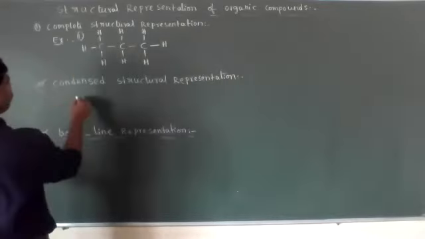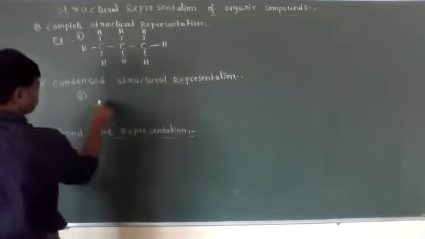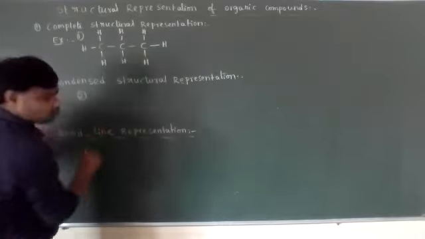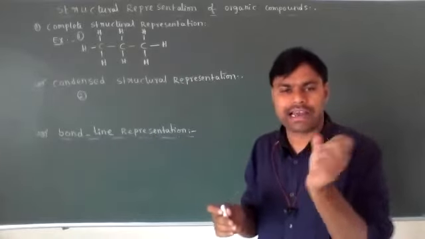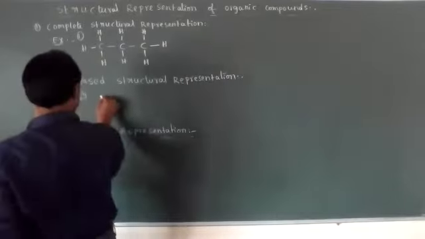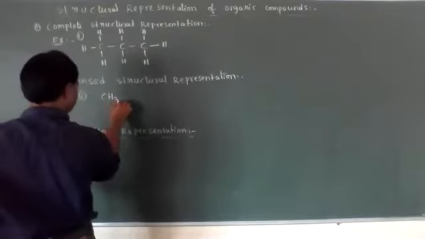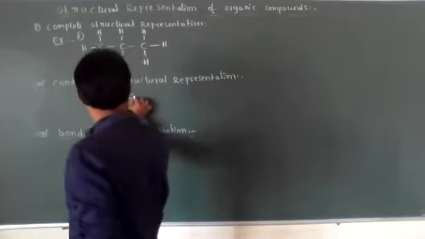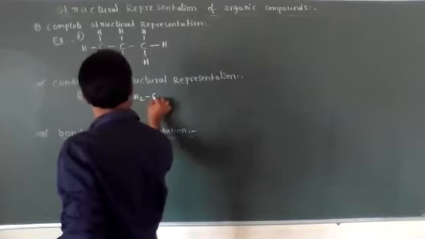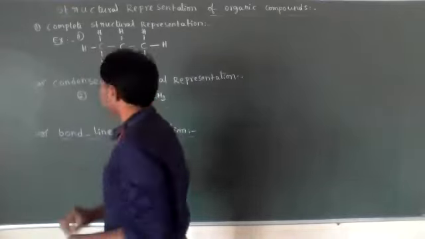How can we write the condensed form? In the condensed form, no need to show the bonding connectivity between carbon and hydrogens. CH3, bond, CH2, bond, CH3.